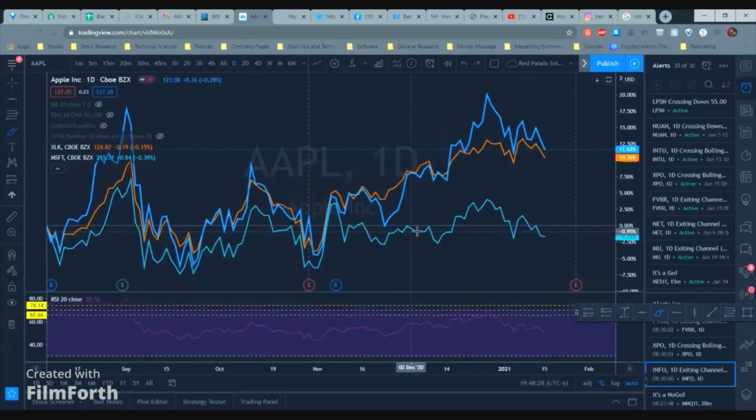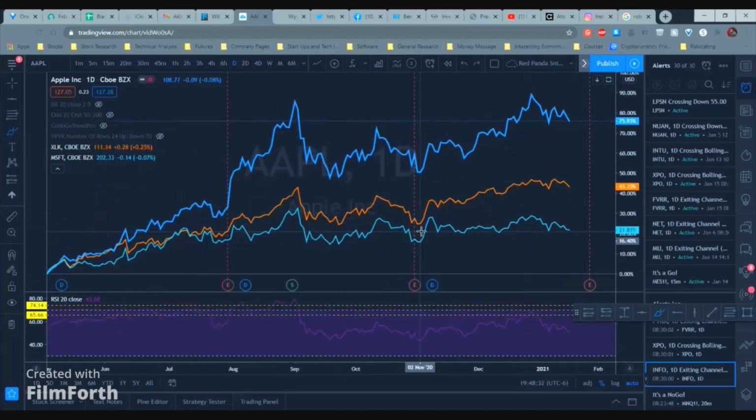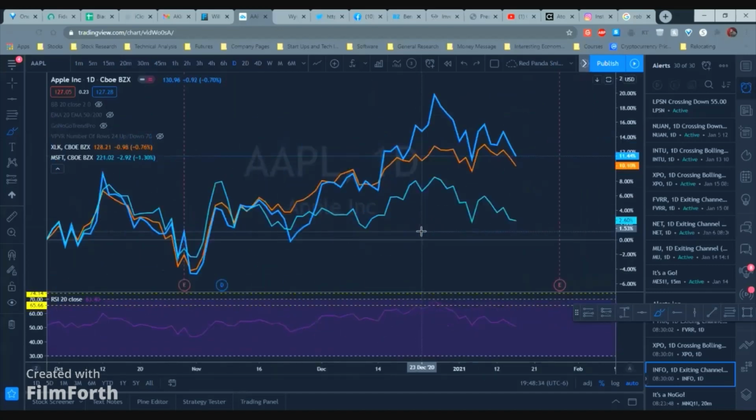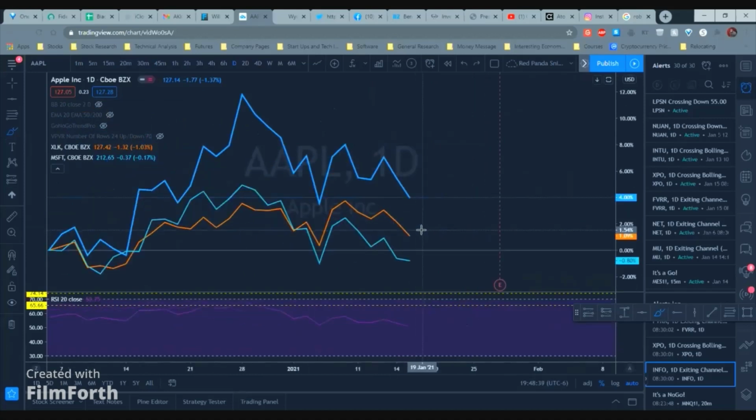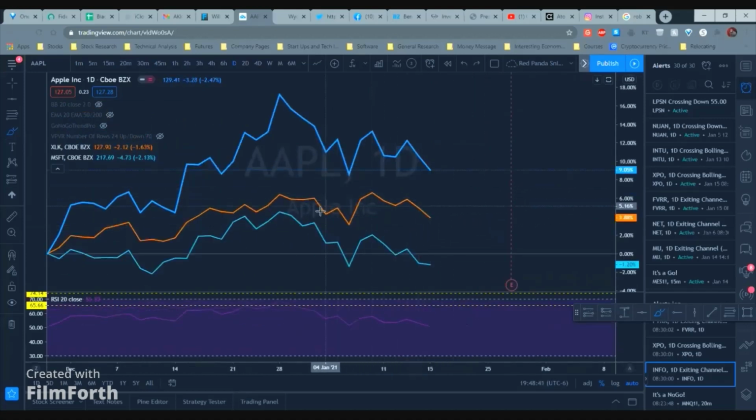Yeah, they do tend to trade really well with each other. So if we expect there to be a breakout, more than likely we'll see them at the same time. And I do believe their earnings are all around the same time as well.